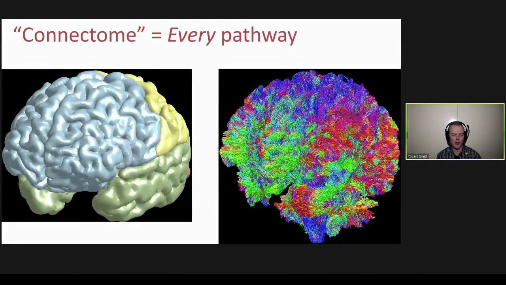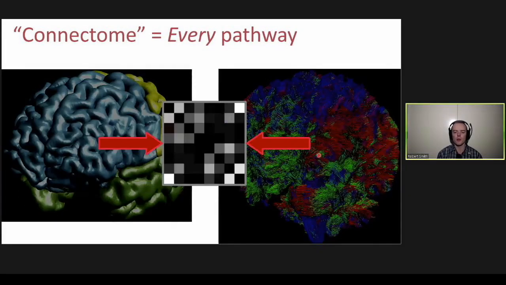So here on the left, I have a very coarse parcellation of brain grey matter into 4 lobes per hemisphere. On the right, I have a whole brain streamlines tractography reconstruction. Ideally, we want to somehow combine these two things together to produce a matrix, the connectome matrix.